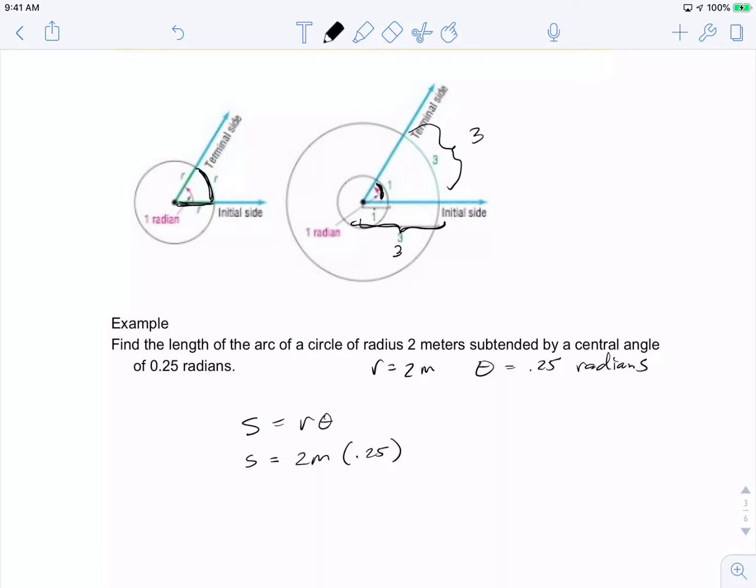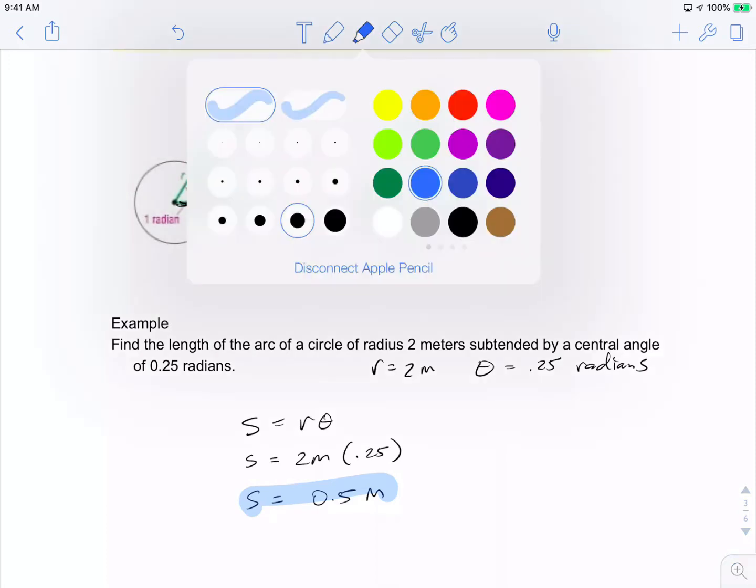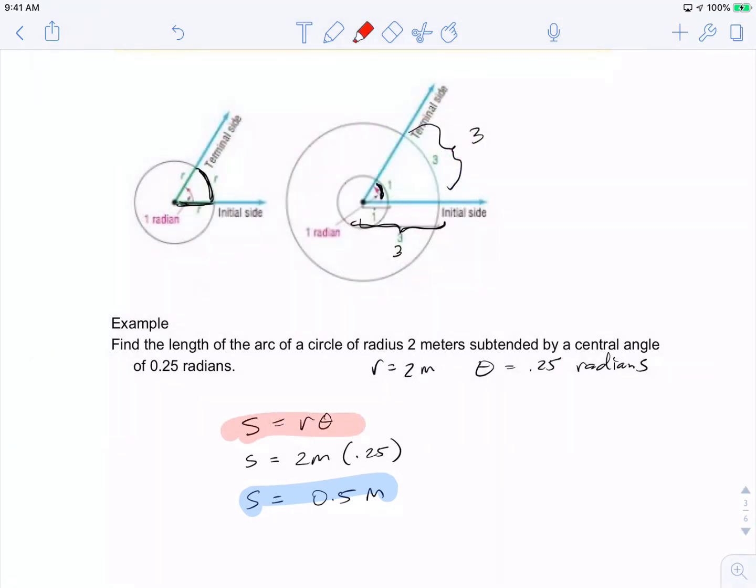We don't need to write the radians units, and so we are going to end up with 0.5 meters for our arc length. So this is the arc length, provided that we have a radius of 2 meters with a central angle of 0.25 radians. The important piece is please remember that formula. It's important and it will be useful.